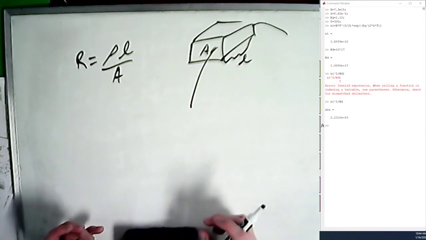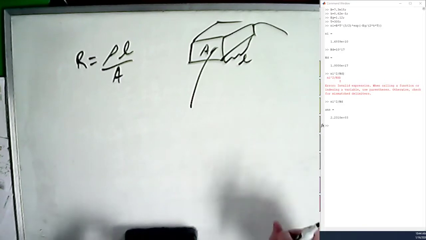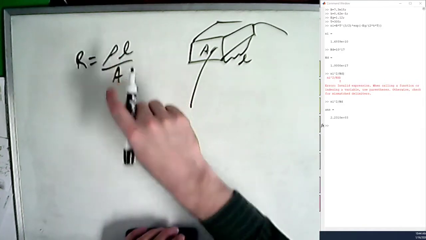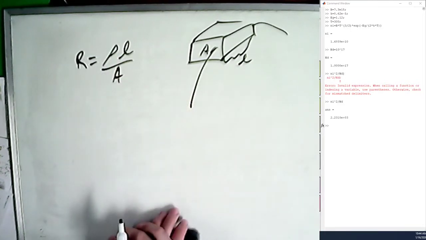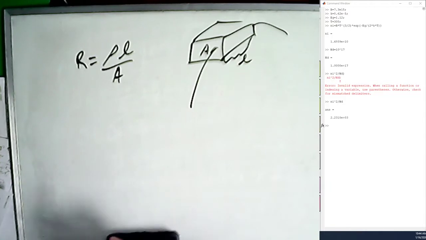This makes a lot of sense. If we take a conductor and make it twice as long with the same cross-sectional area, it gets twice as resistive. But the material itself has the same resistivity. Copper always has the same resistivity, but when we change the physical size, the resistance changes.